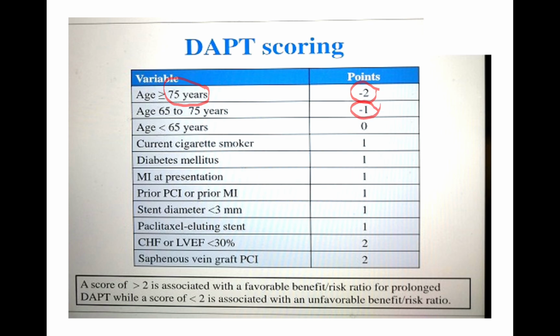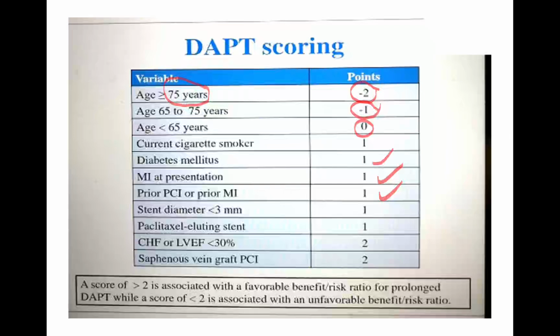If age less than 65, 0, and so on. Current cigarette smoker, if yes, then give him 1 point. If diabetes mellitus, give him 1 point. And MI at presentation, when he has MI, give him 1 point. Prior PCI or prior MI, 1 point. So according to the answer, you give the points.